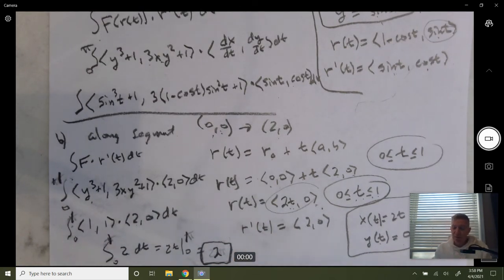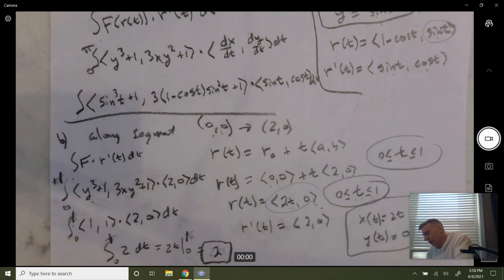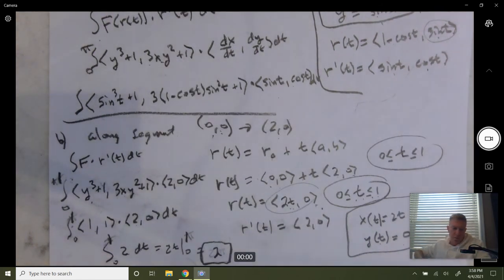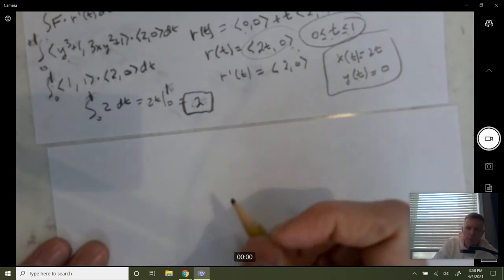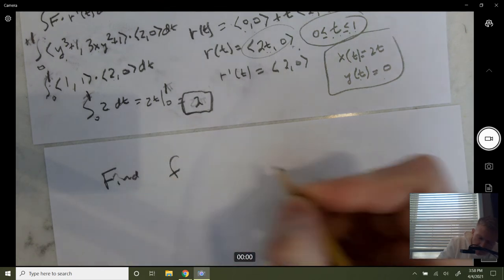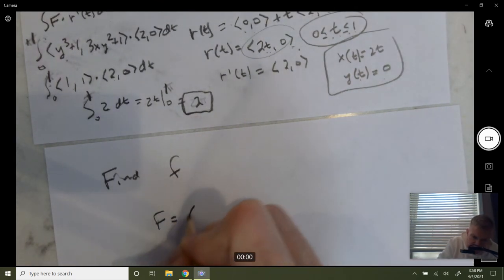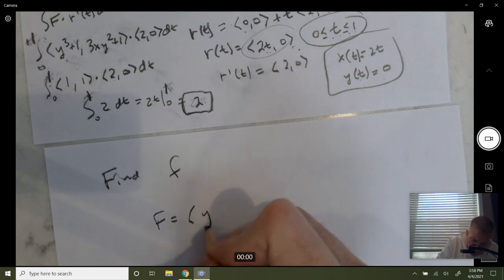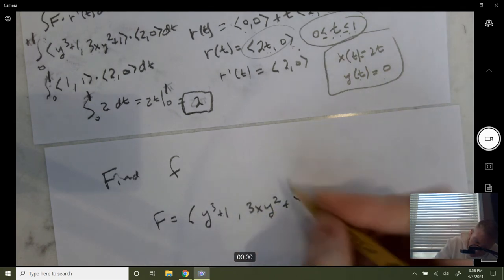Okay. Now let's try using the fundamental theorem for line integrals. We're not going to parametrize the curve at all. We don't have to. But what we do have to do is find our potential function f. So our vector field is (y cubed plus 1, 3xy squared plus 1).